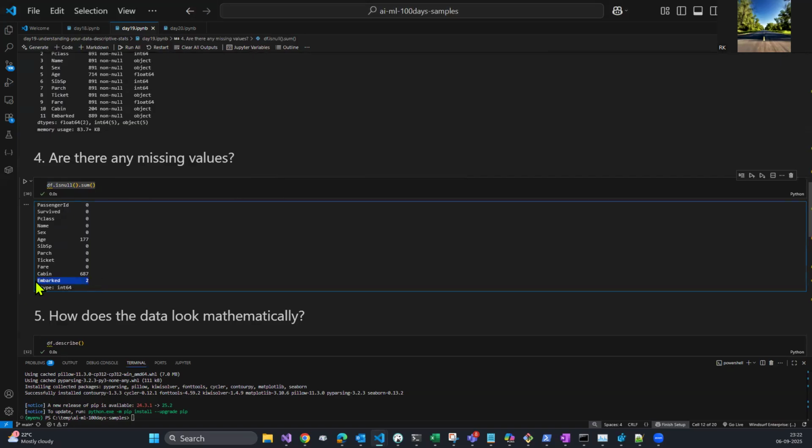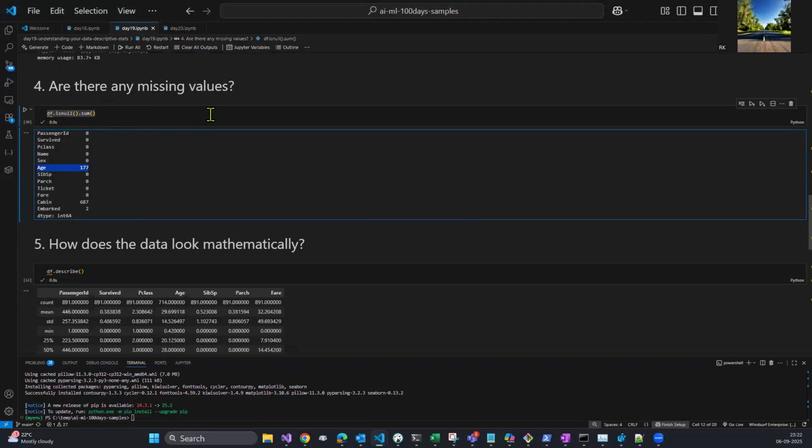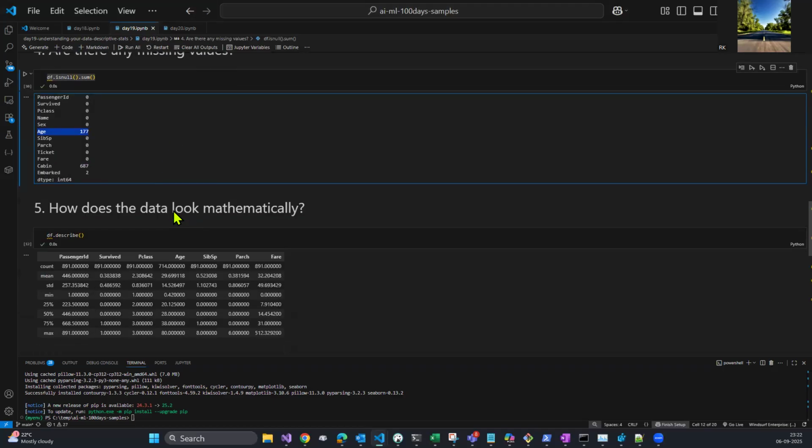So we are seeing for Embarked we got 2, for Cabin we got this much, and for Age, 177 members were not disclosing their age, right? So this is how we understand how many missing values we have.